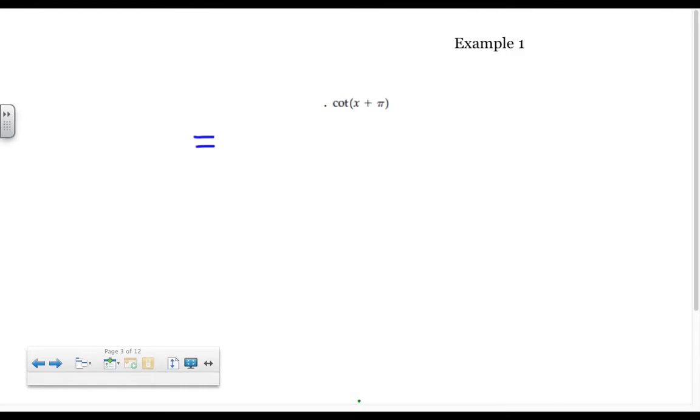So first of all, I know that cotangent is the same thing as cosine over sine. So I'm going to do the cosine of x plus pi over sine of x plus pi. And then I'm going to use my rules. Okay.